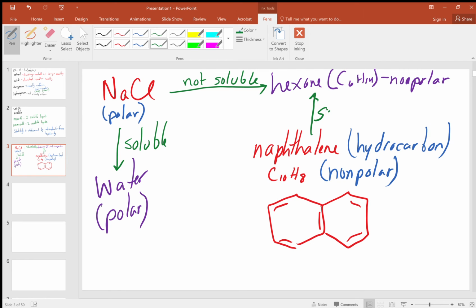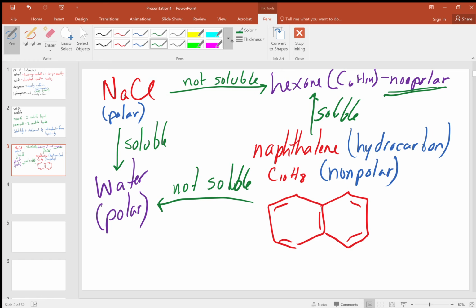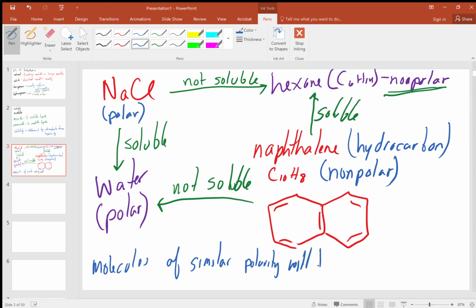Naphthalene, which is nonpolar, we would expect to be highly soluble in the nonpolar solvent hexane, but if we add naphthalene to water, we would expect it to be not soluble, just like the sodium chloride was with the hexane. So overall, we say molecules of similar polarity, doesn't have to be identical, but similar polarity, will tend to be soluble.